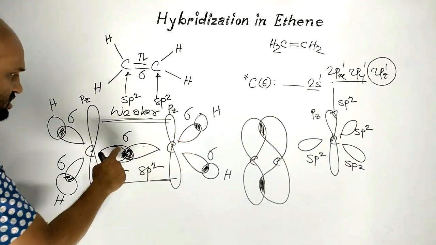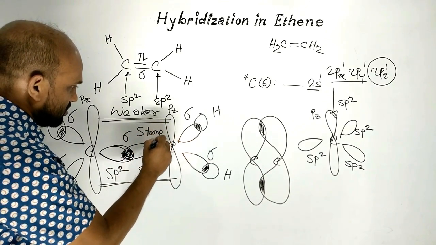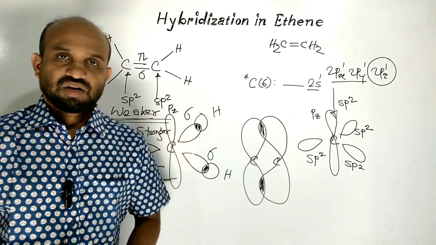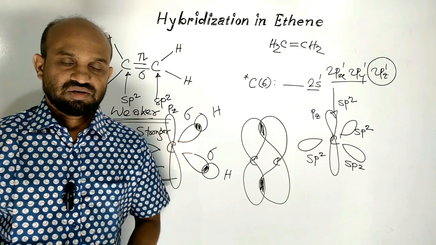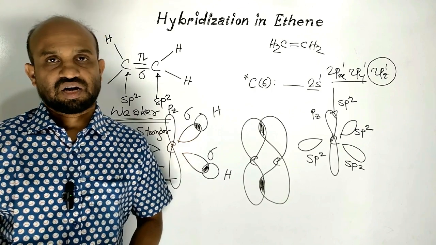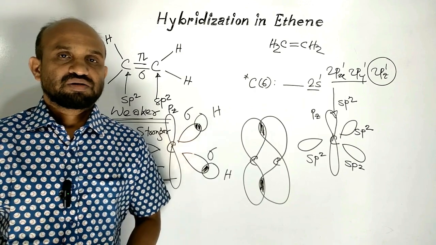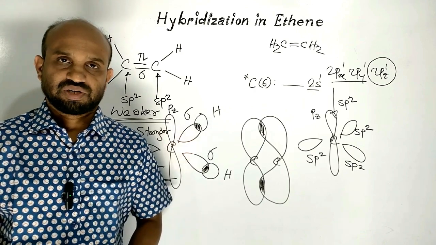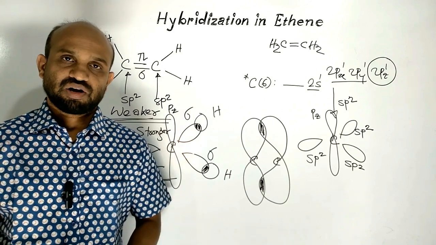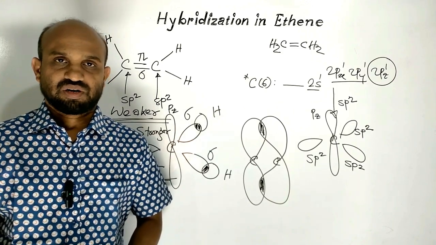That is why sigma bond becomes stronger. So pi bond is weaker and sigma bond is stronger. Sigma bond is formed through head-to-head overlap of s and hybrid orbitals, but pi bond is formed by sidewise overlap of unhybridized p orbitals. Sigma bond is stronger because of the maximum overlap. Pi bond is weaker because of the minimum overlap of orbitals.